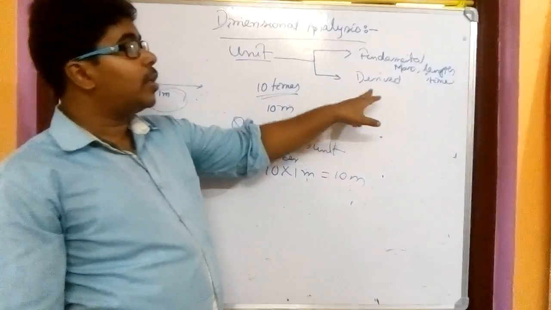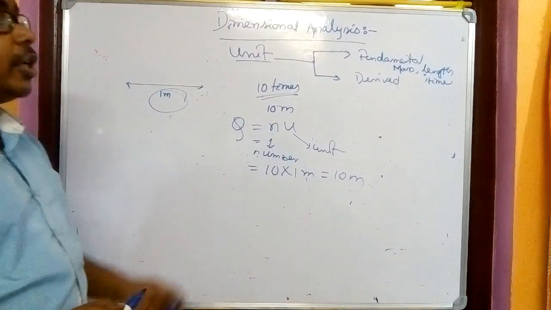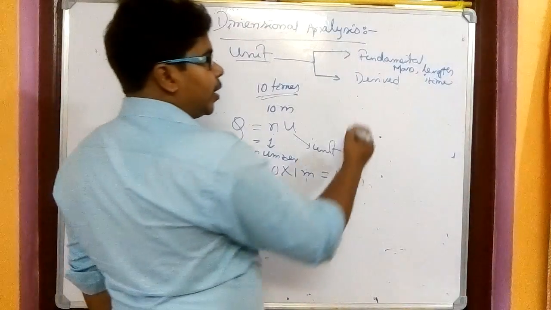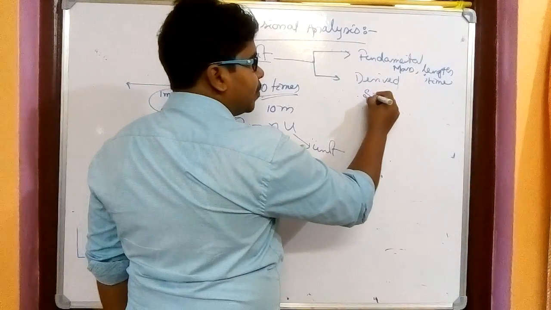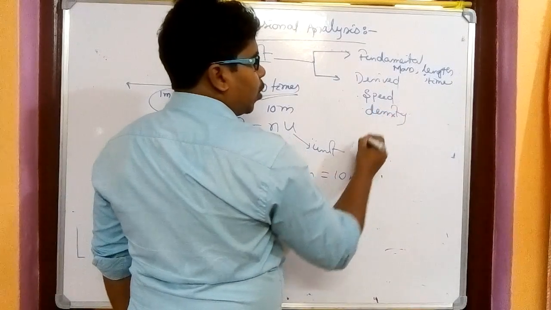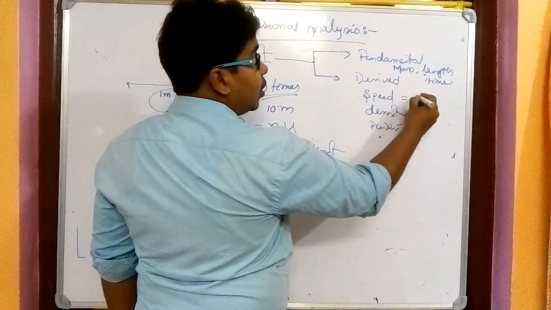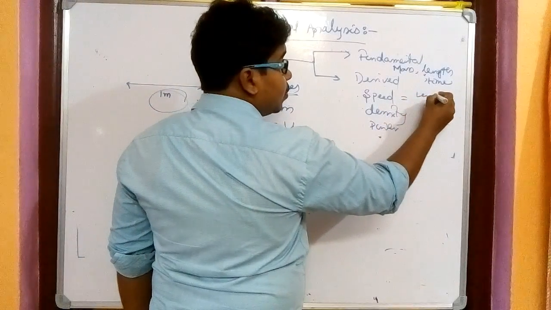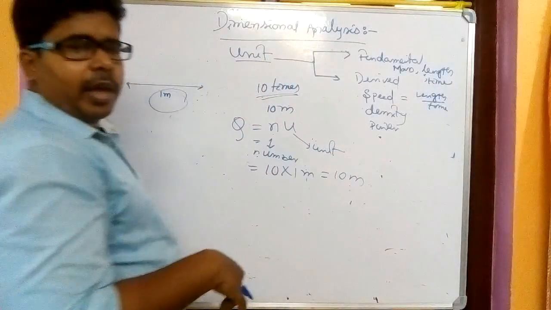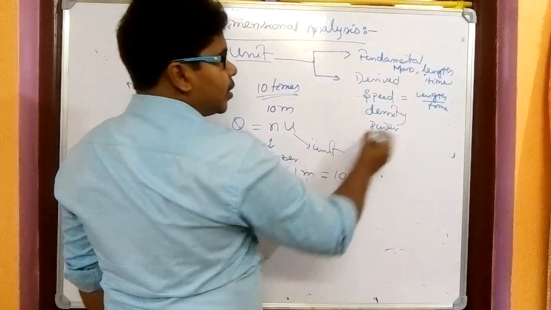If I'm talking about derived units, to measure the quantity we need to take help from fundamental units. Just like speed, density, power. You see, speed equals length by time, because it is distance by time, and distance is basically a length. So two fundamental units are needed.